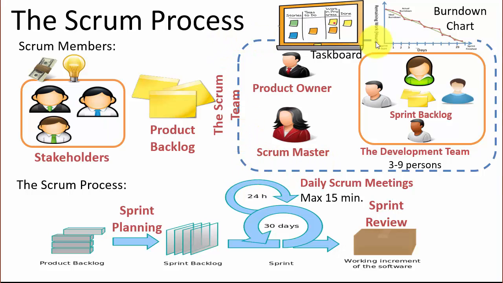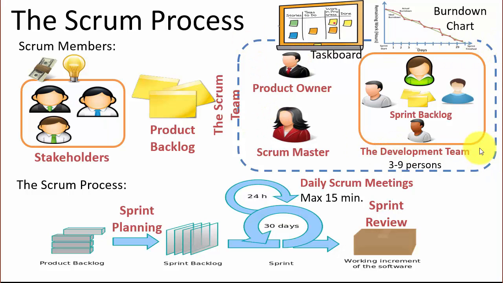So within the team, you have the Scrum master, which is kind of a project manager for the team. You have the product owner, that is typically a person from the customer that is part of the team.